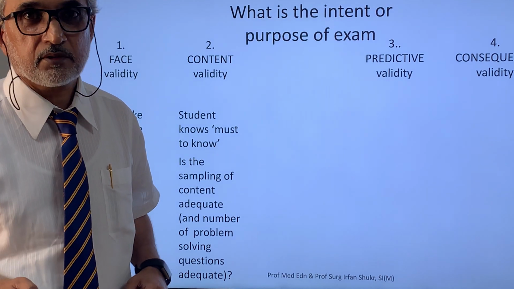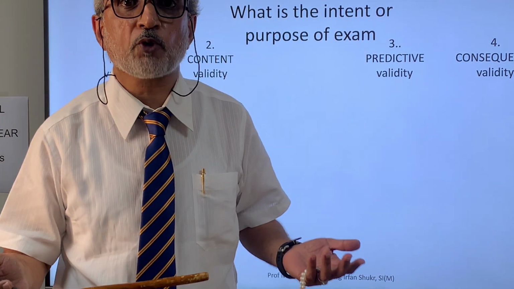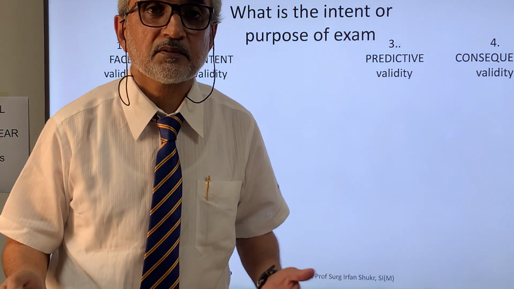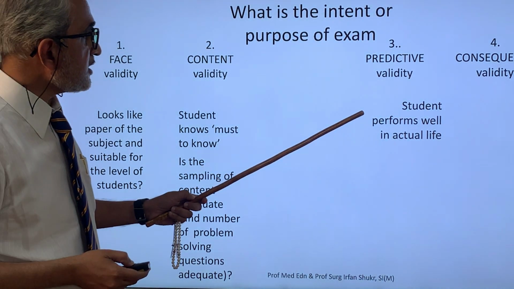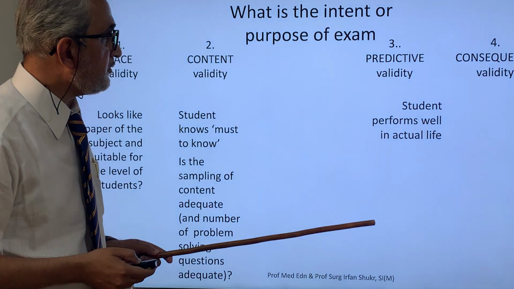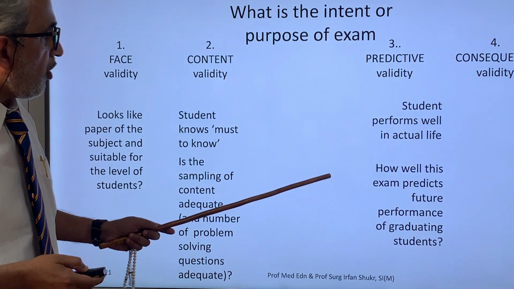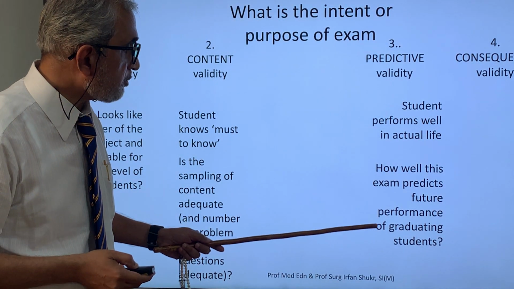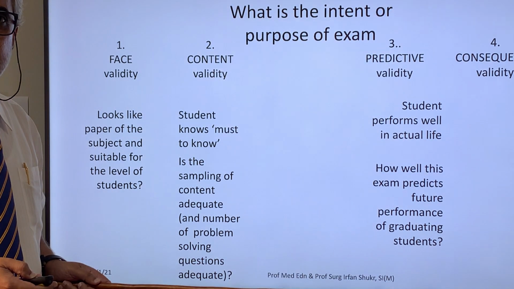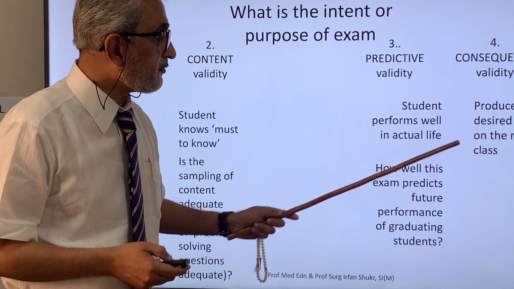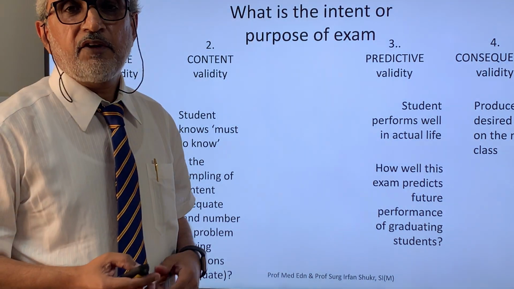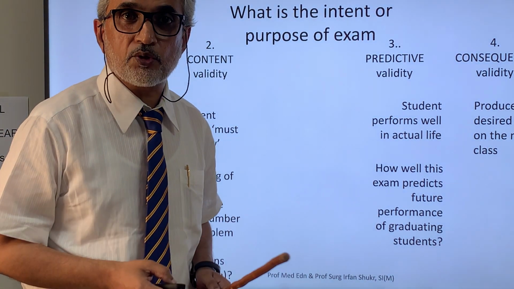Because all students, they are going to solve the problems. Predictive validity is student performs well in actual life. How well this exam predicts future performance of graduating students. Consequence validity is it produces desired effect on the next class which is joining when this class goes.